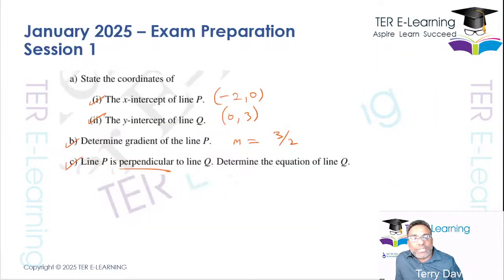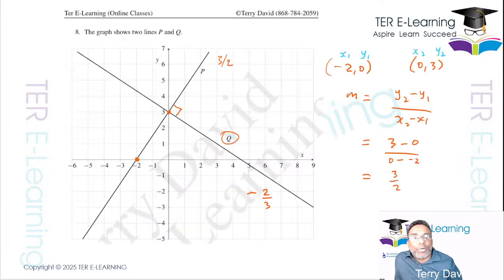So the question wants us to determine the equation of the line Q. The equation of any line is given by y is equal to mx plus c. So this is going to be y is equal to, the gradient in this case is negative 2/3. Now from the graph here, we can actually determine the y-intercept.